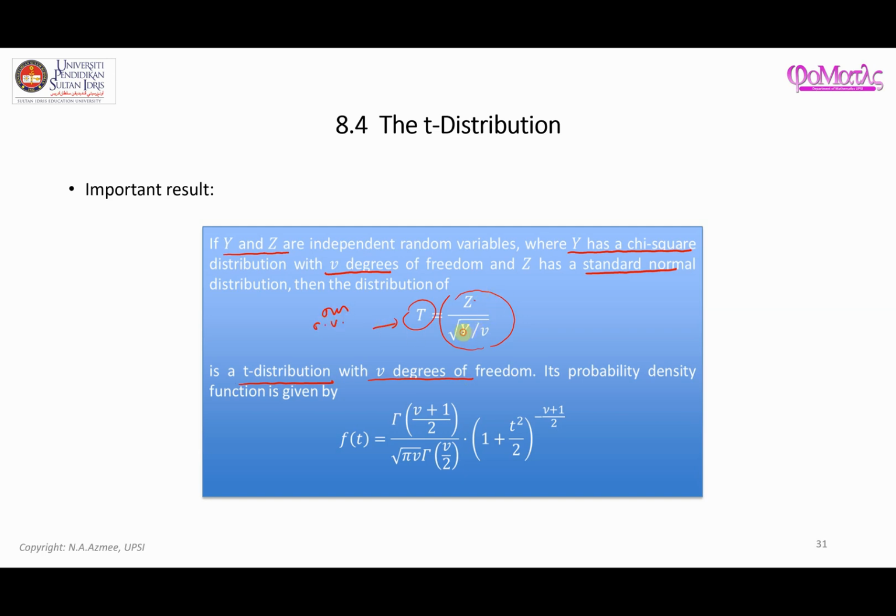Because Z is random and Y is random, the result T is going to be another random variable, with a t-distribution with v degrees of freedom, where the probability density function is given by this one.